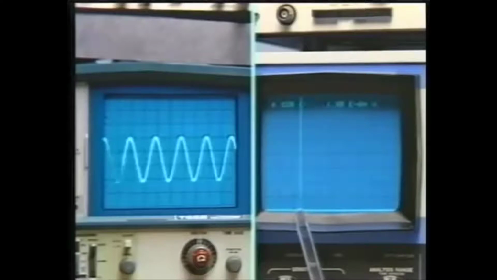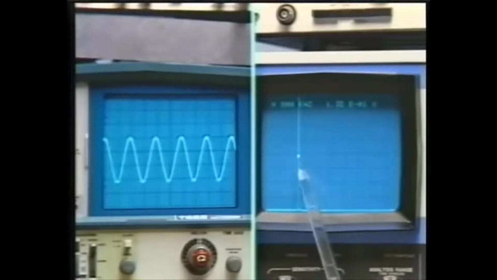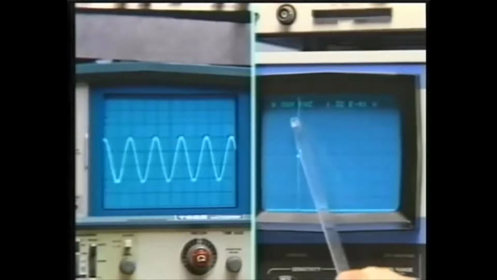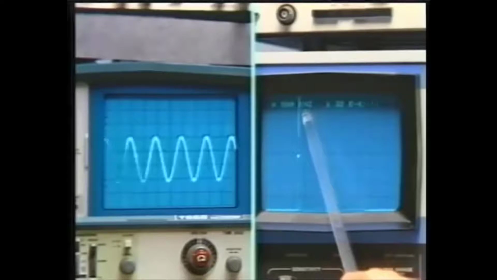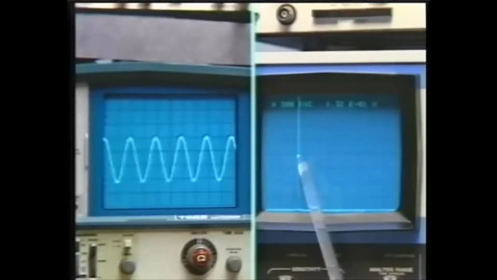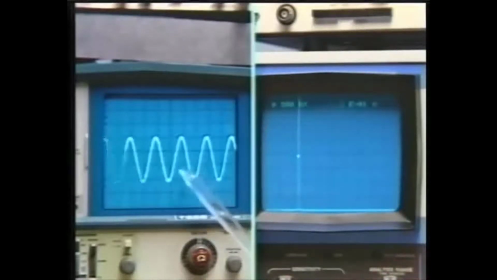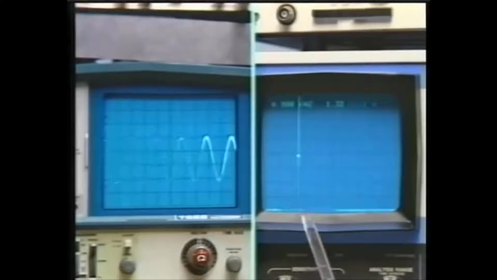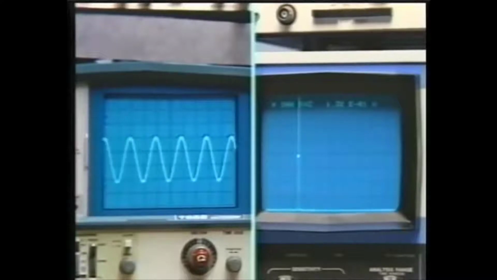We're getting close, and there we are at the frequency of the sine wave. We can read out that it's 500 cycles, and this is the amplitude. You could also verify the frequency in the time domain display simply by measuring the period. This is still set at 1 millisecond per centimeter, so that is 500 hertz.